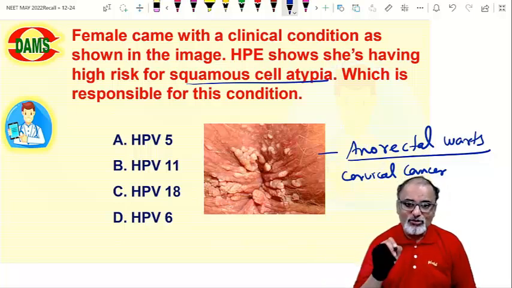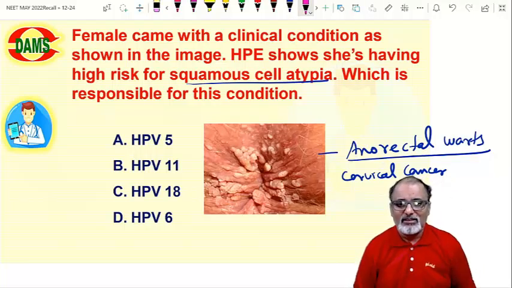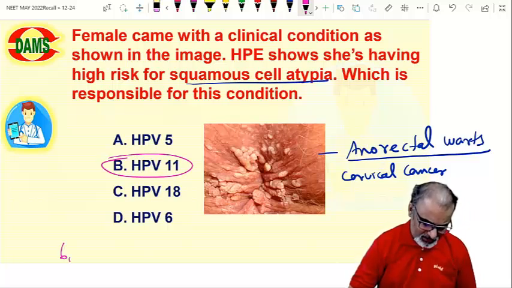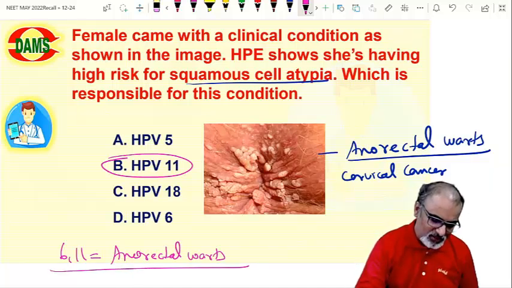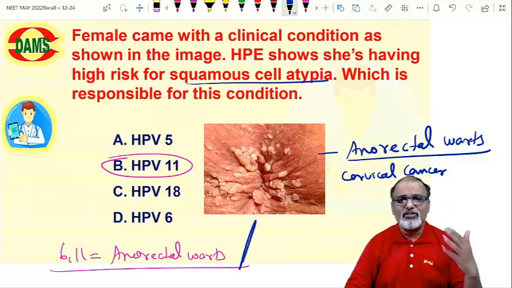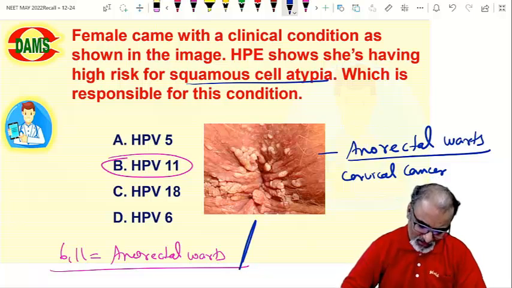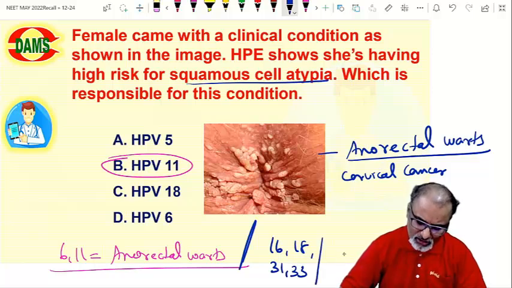So if the woman has anorectal warts, the serotype responsible for this condition is HPV 11, because 6 and 11 cause anorectal warts. Suppose she is at risk of human cervical cancer, which serotype causes it? That time the answer is 16 and 18. Even 31 and 33 also cause human cervical cancer.